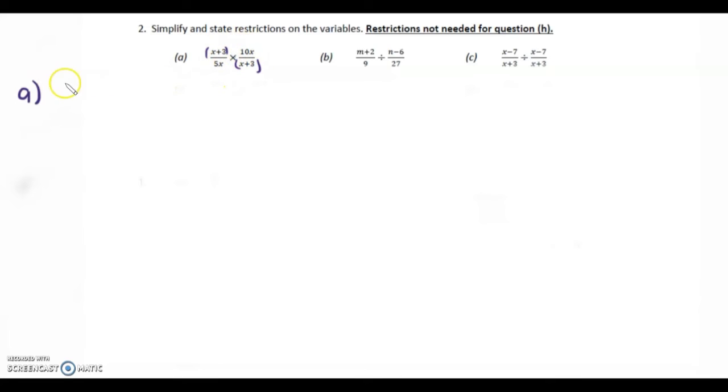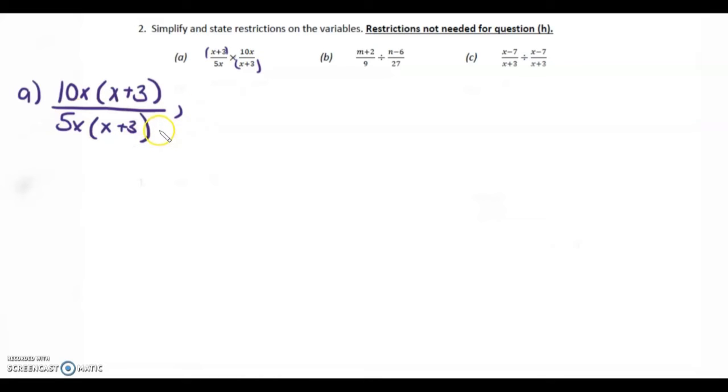I'm going to put the monomial in front, so 10x, and then follow that by bracketed x plus 3. You have to bracket the x plus 3. You can't just put a multiplication symbol here because it's going to look as though it's just on the x if you don't have the brackets. But that 10x is multiplied by both. And in the denominator, 5x, x plus 3.